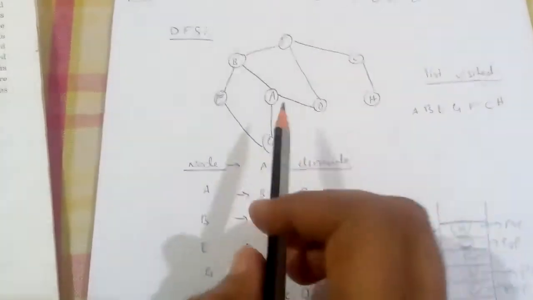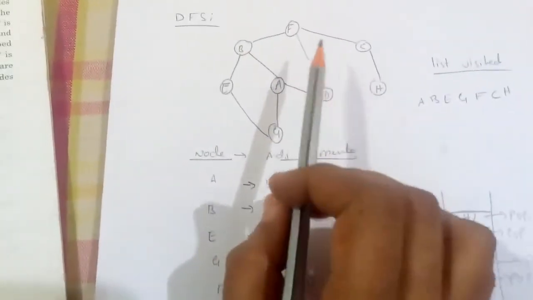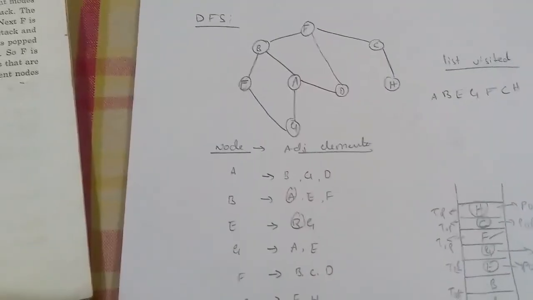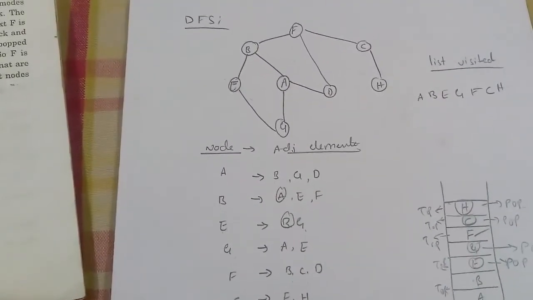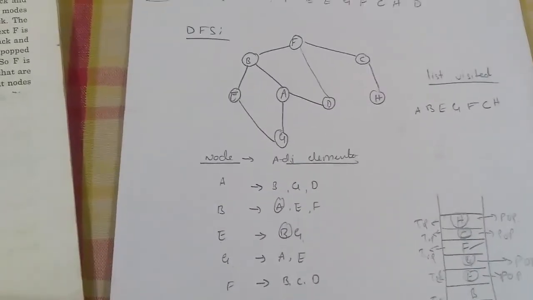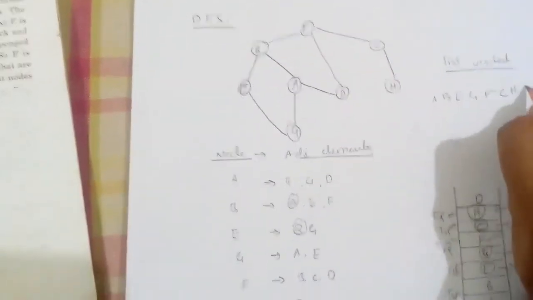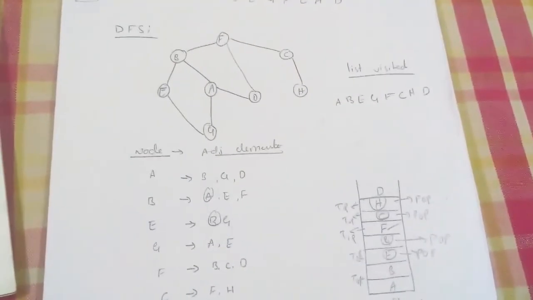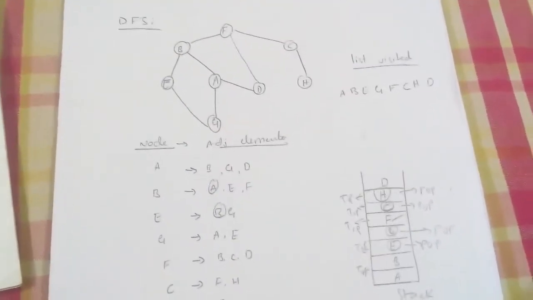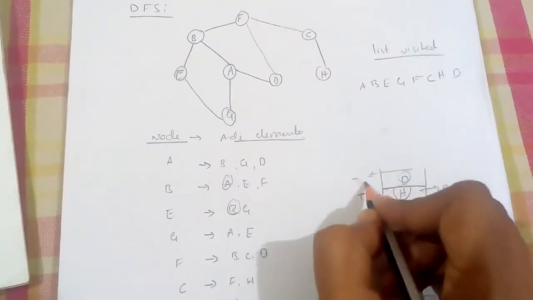D has the adjacency elements A and F. D is pushed onto the stack, then added to the visited list. Now D is the top of the stack.